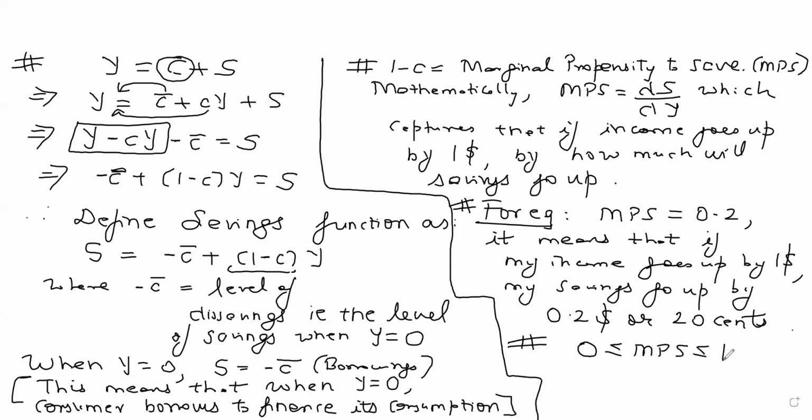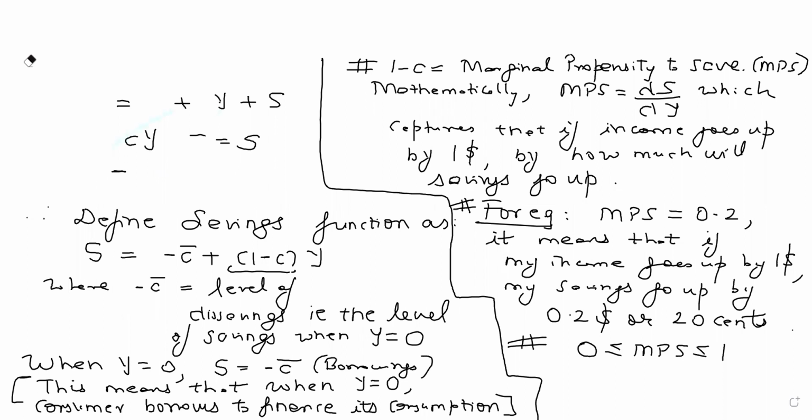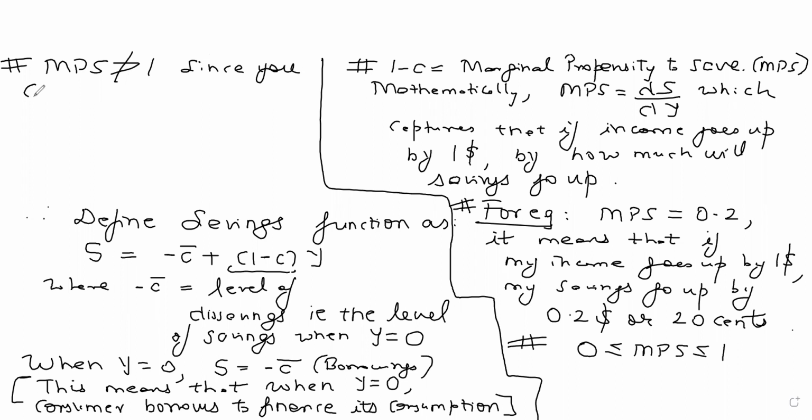So again, I can write the same reason here, that MPS cannot exceed 1 since you cannot save more than your increase in income.